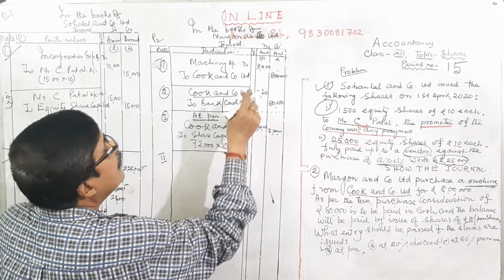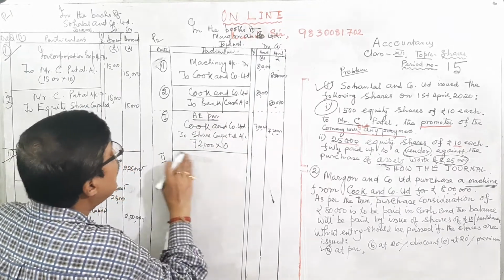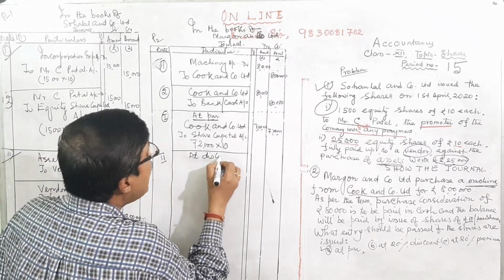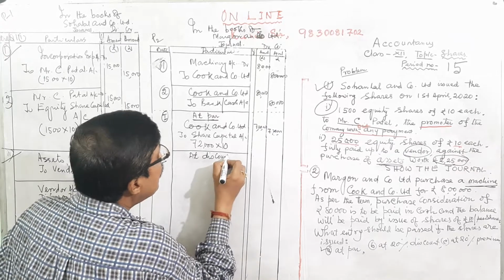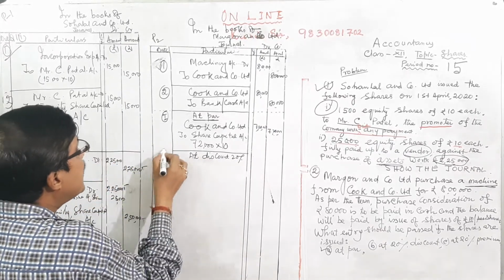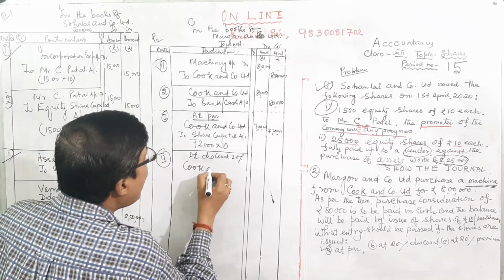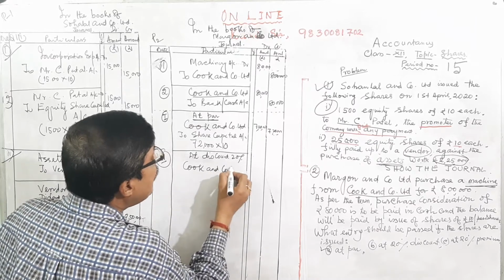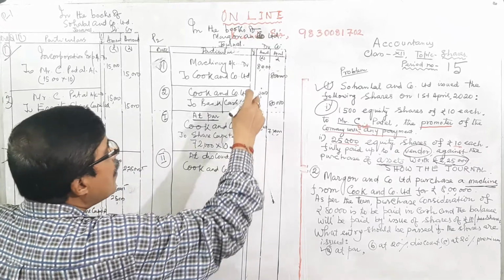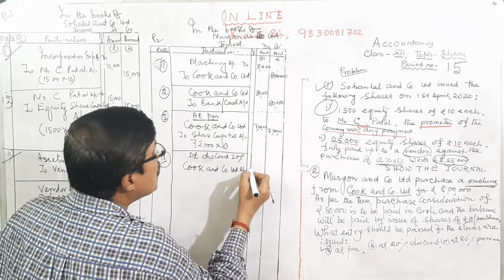Cook and Company Limited account is debited, because they have already been given 80,000, and the rest, 7,20,000, is to be given.